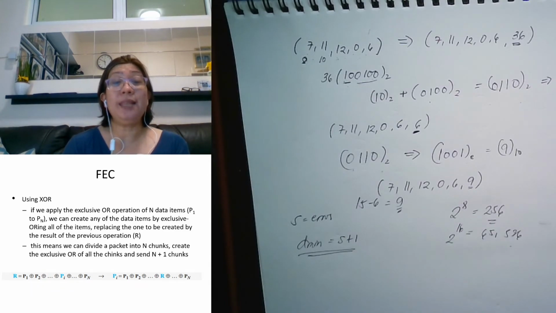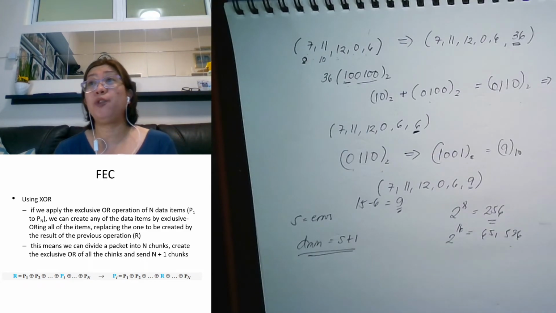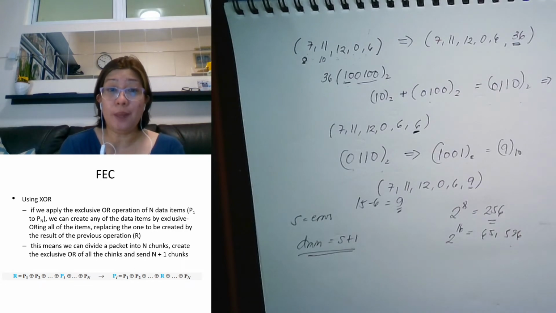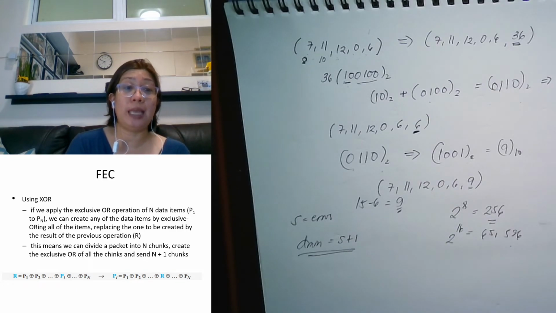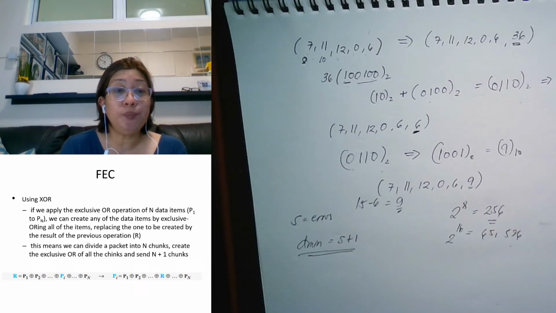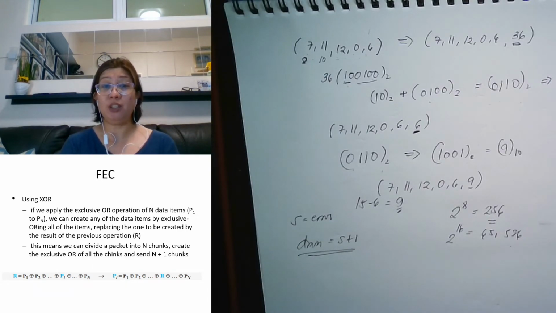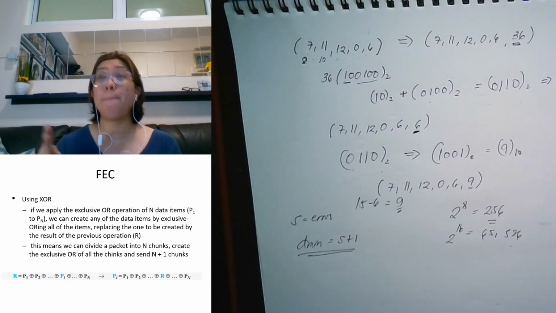If we apply the exclusive OR operation on n data items, from P1 to Pn, we can create any of the data items by exclusively ORing all the items, replacing the one to be created by the result of the previous operation, which is your R there. R is the result of exclusively ORing all P1 to Pn.